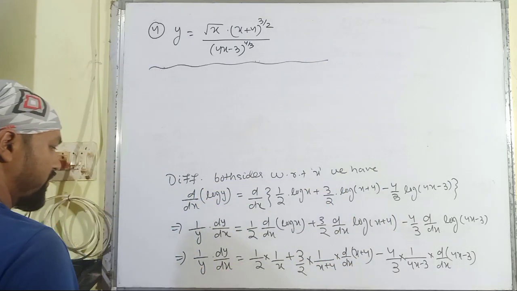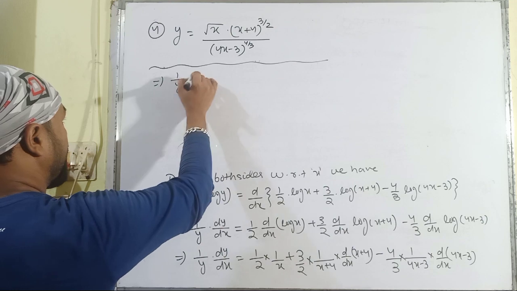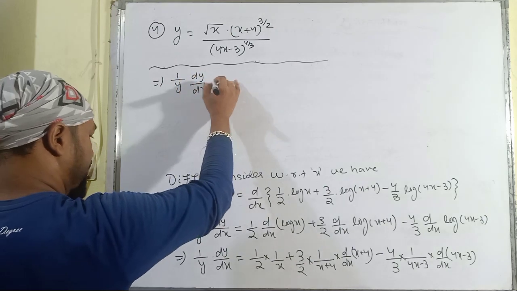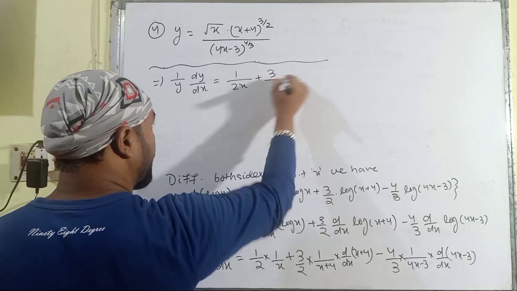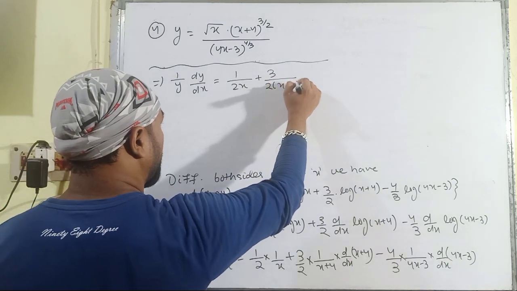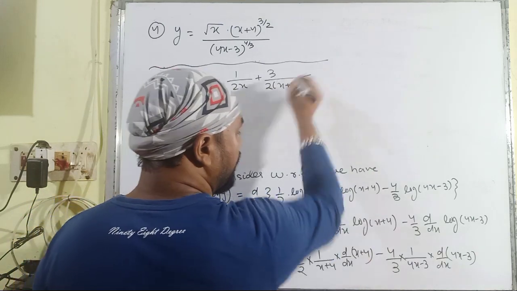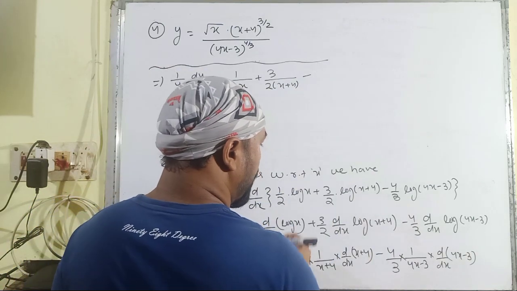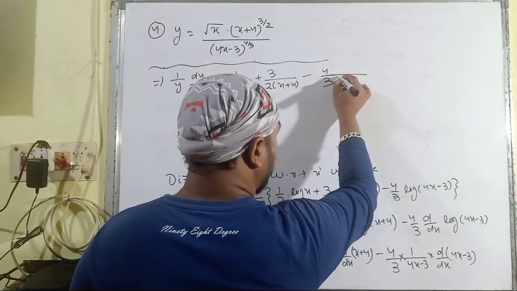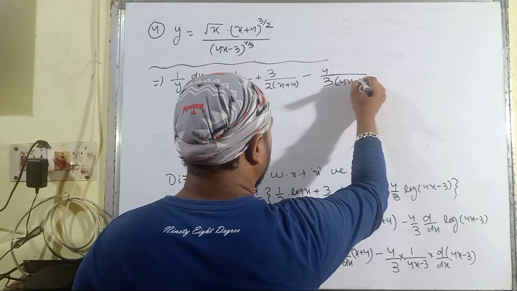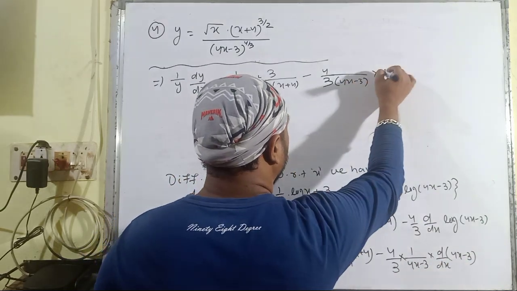Then continuing from this step, 1/y dy/dx is equal to 1/(2x) + (3/2)·1/(x+4), because the differentiation of x+4 is 1, minus (4/3)·1/(4x−3), and the differentiation of 4x−3 is 4.